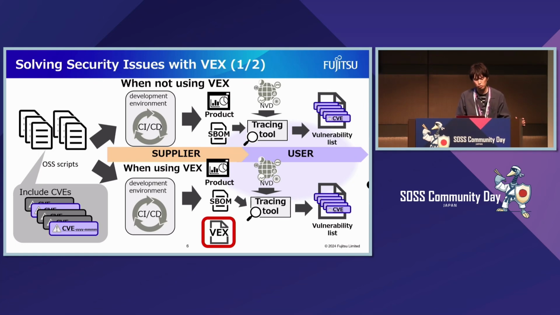This diagram shows how VEX is used. It shows the steps from the supplier making the product to the user investigating the product's vulnerabilities. The top part shows without VEX, and the bottom part shows with VEX. Let's slide this diagram to the left.